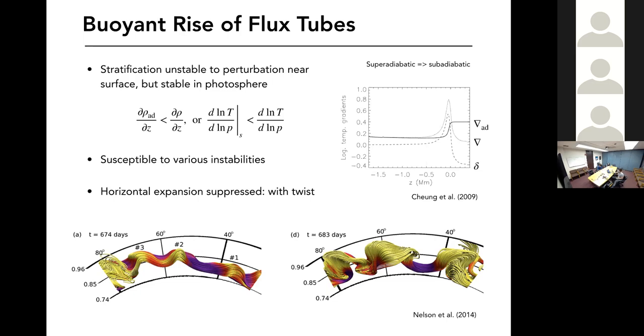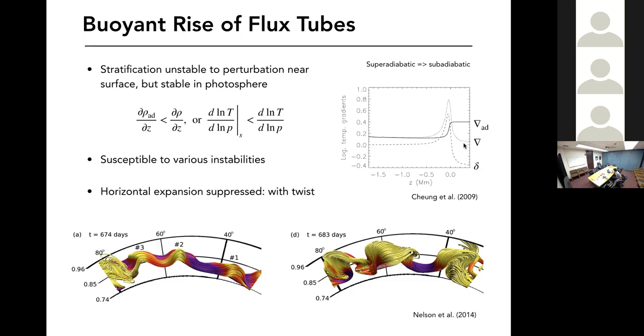So on the right-hand side is a diagram of these super adiabatic or subadiabatic conditions at the near surface layer and photosphere. So this is 0, that's the surface, and this dotted line is the ambient stratification.